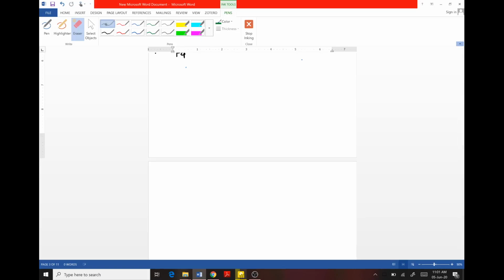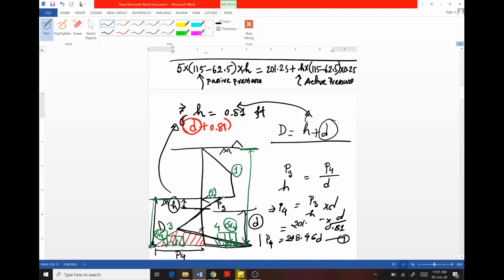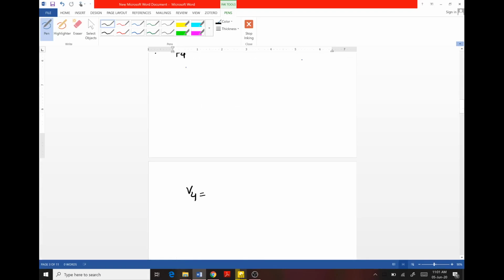Now sigma V4 is equal to sigma V2 up to this point, which is sigma V2 plus D plus 0.81 into 115 minus 62.5.